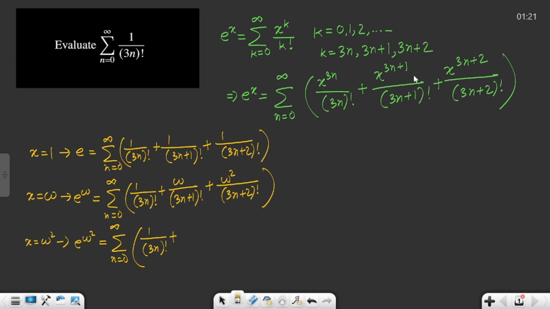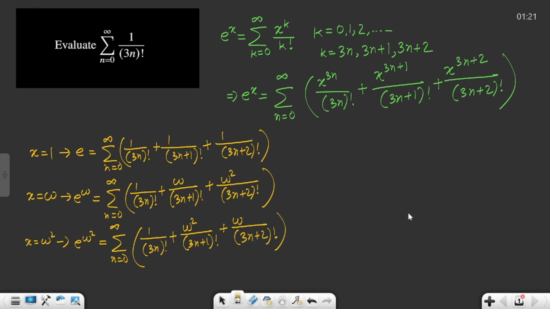Plus, see here, we will get omega square whole to the power 3n plus 1, so that is omega to the power 6n into omega square, which is equal to omega square divided by 3n plus 1 factorial, right? Plus, here we will get omega to the power 6n into omega to the power 4. Omega to the power 6n is equal to 1. Now, omega to the power 4 is equal to what? Omega. So we will get omega divided by 3n plus 2 whole factorial.